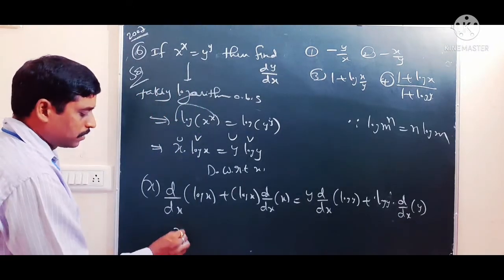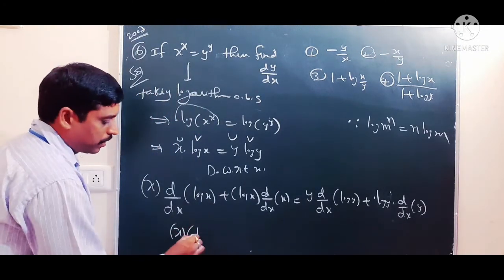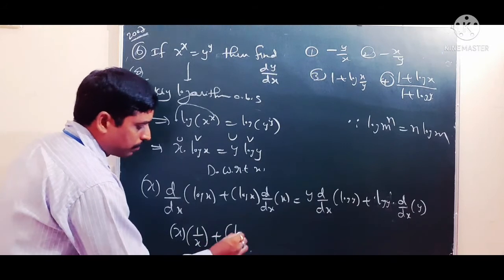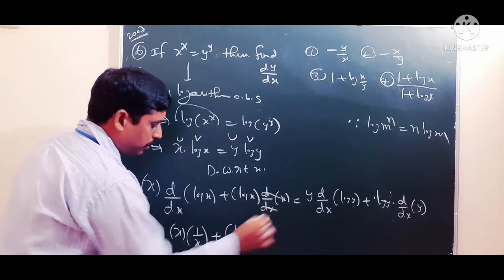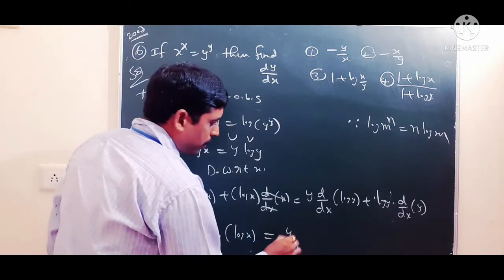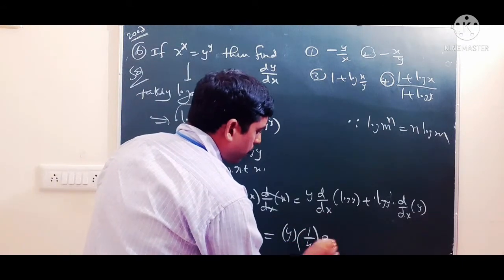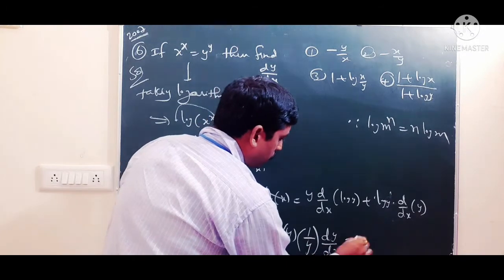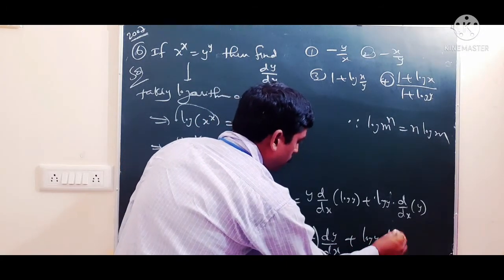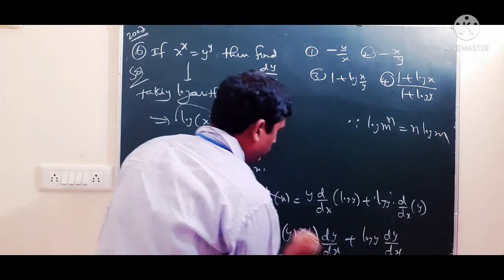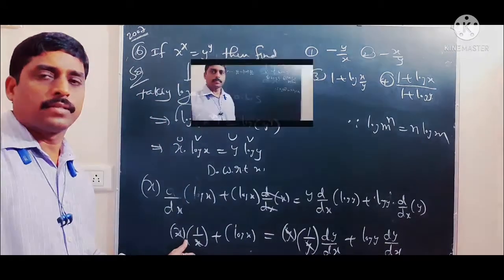So x into derivative of log x, we get 1 by x, plus log x into dx gets cancelled. So y into derivative of log y, 1 by y into dy by dx, plus log y into dy by dx. Okay, in this y gets cancelled as well as x also cancels.